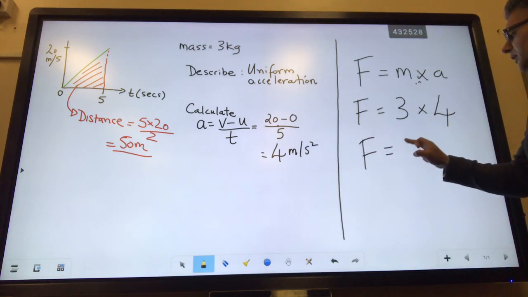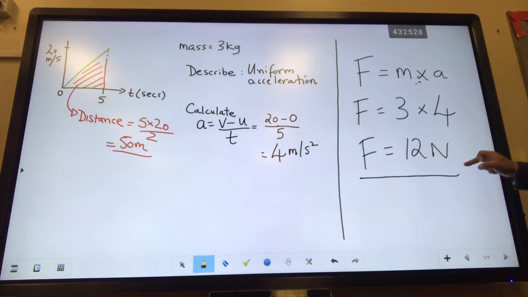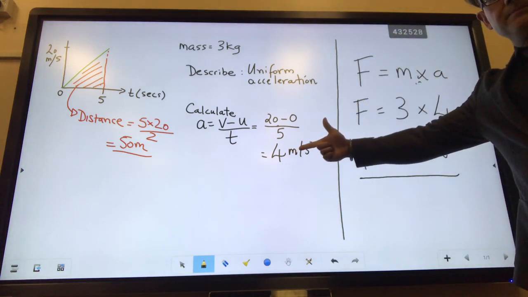That simply gives you a force of 12 newtons. Now, to make sure we understand this, to summarize, we started off by looking at a calculation where we were given a mass, and we were also given an increase in the velocity using a velocity time graph, and from that we calculated the acceleration.